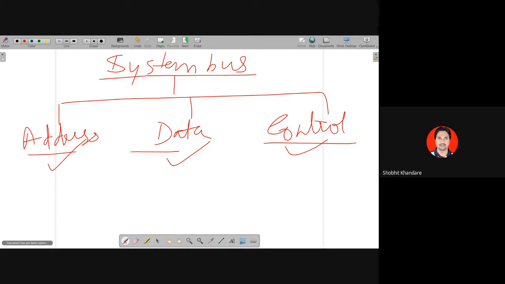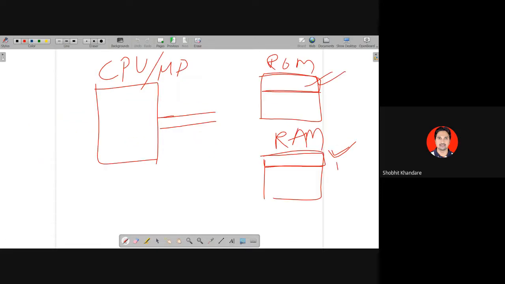Now this is the address bus. The address bus will carry the address of this location. Suppose I want to access the instruction present at this address location. The address of this location will be carried in the address bus.